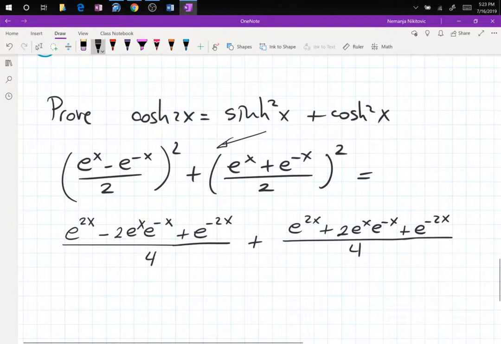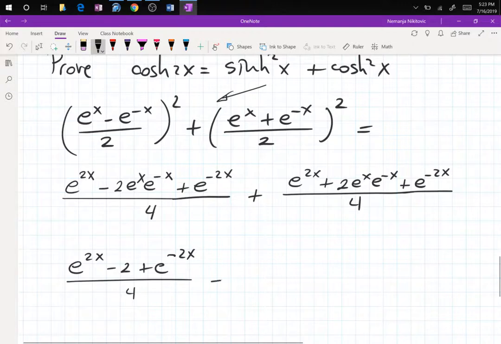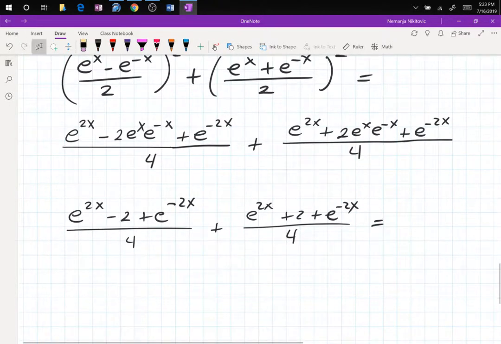Now e to the x times e to the negative x is e to the 0, which is 1. So all we get here is e to the 2x minus 2 plus e to the negative 2x divided by 4 plus e to the 2x plus 2 plus e to the negative 2x over 4. Well, you have the common denominator, just add them.